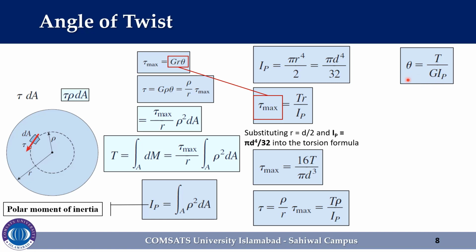This equation shows that the rate of twist is directly proportional to the torque T and inversely proportional to the product G Ip. Here the product G Ip is known as the torsional rigidity of the bar.